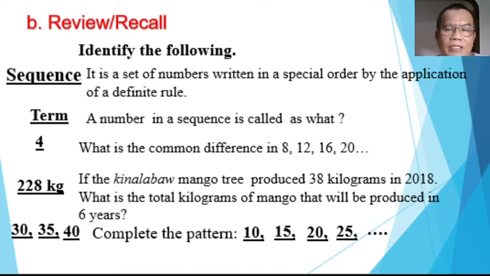As we have discussed before, to formulate the rule in finding the nth rule of a sequence, we have to look for a pattern, guess and check, and then work backward. So the nth rule will be 5n plus 5.